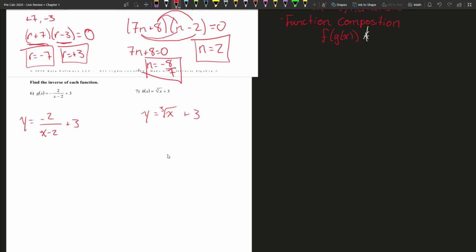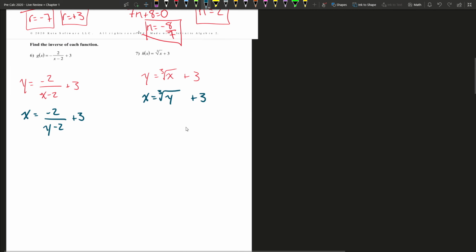So the first step we need to do is swap x and y. I'll go ahead and do that over here too. And then we solve for y.